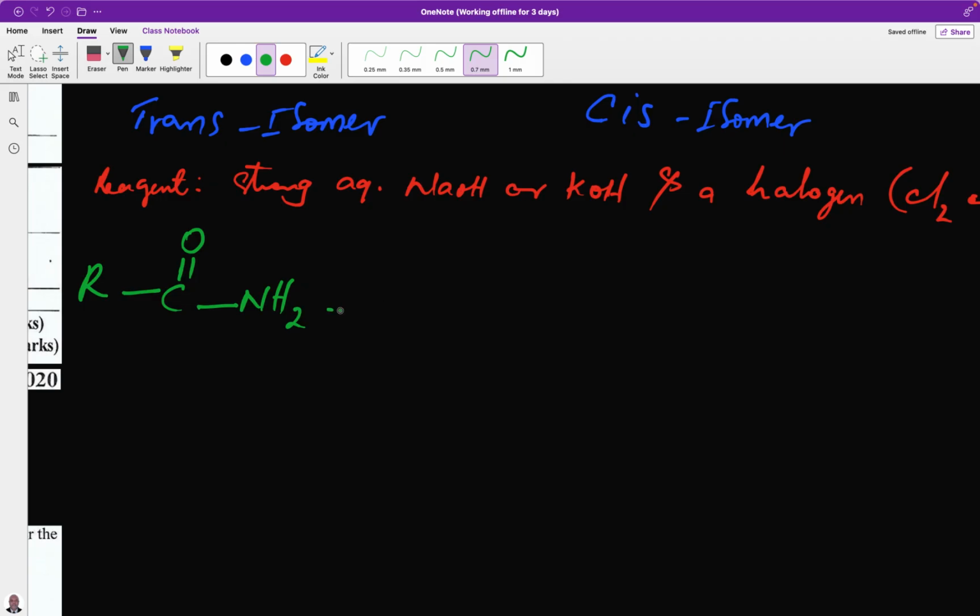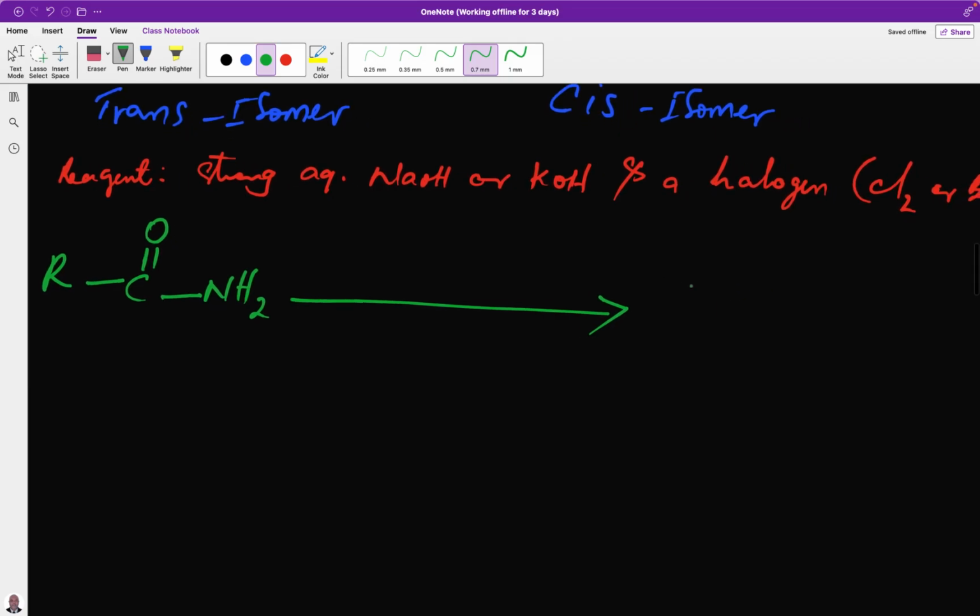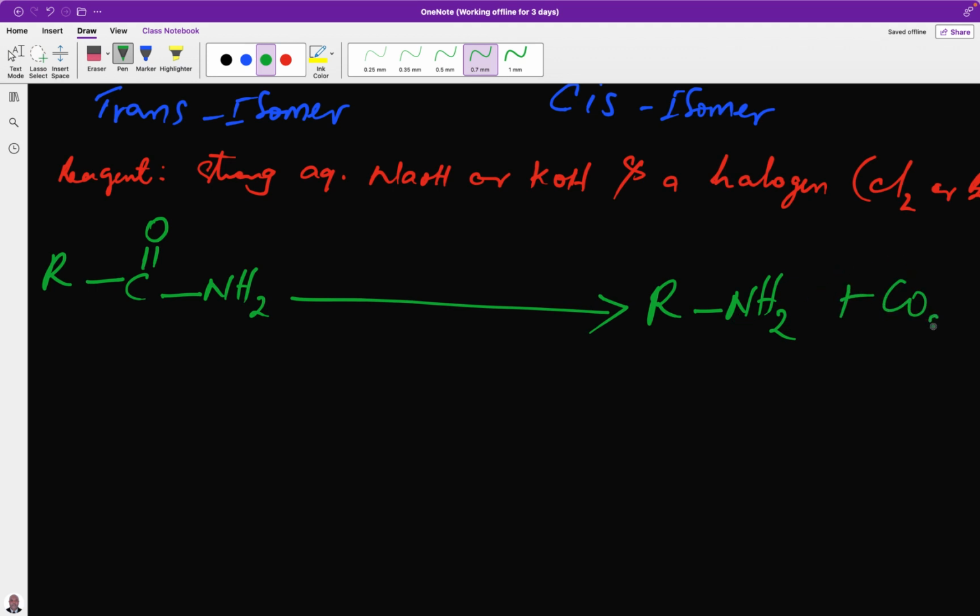So now when we heat the amide, we will have a primary amine. We call it the primary amine because only one hydrogen has been substituted from the ammonia. That's why you see R-NH2, plus carbon dioxide is released.